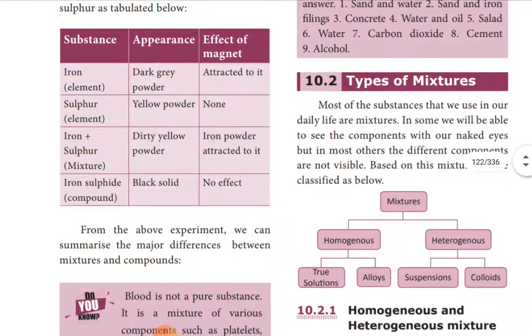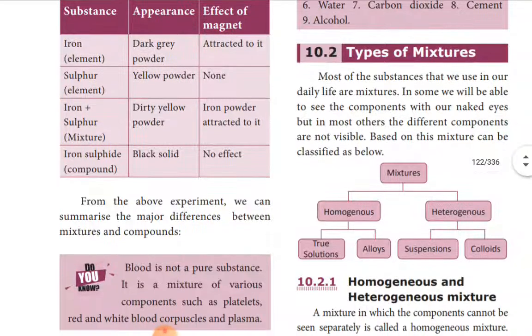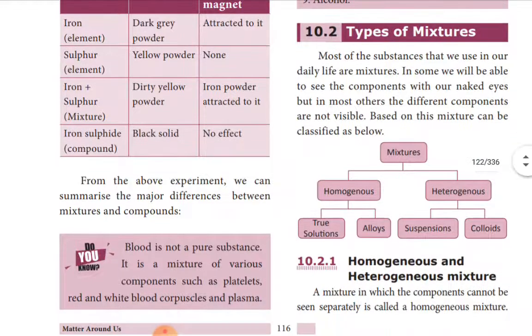When you mix iron and sulfur physically, a dirty yellow color powder is formed. When you bring the magnet to this powder, iron powder can be easily attracted. We can separate it using a physical method. Iron powder can be separated from the mixture of iron and sulfur.